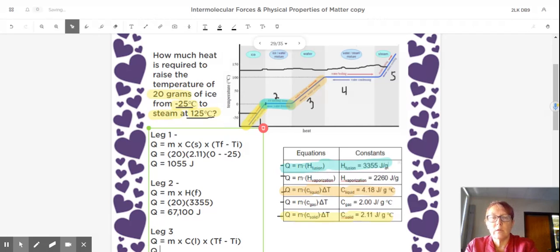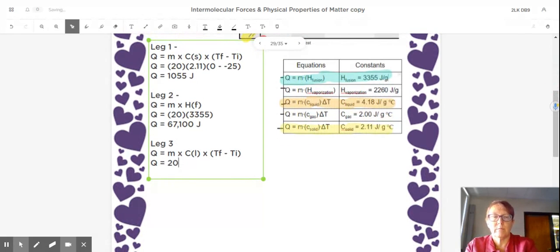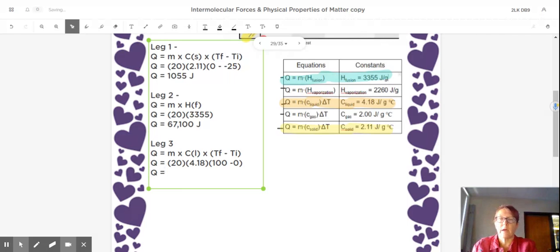All right, so Q is going to equal our mass, so 20 grams, times the specific heat of a liquid, which is 4.18 joules, times temperature final minus temperature initial. So temperature final is 100 degrees because that's when we reach the boiling point. Initial temperature was 0.